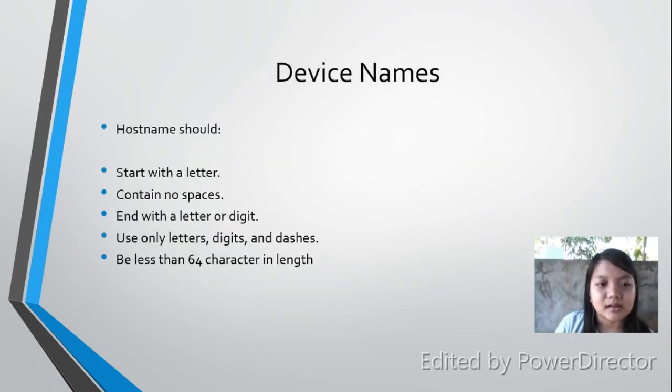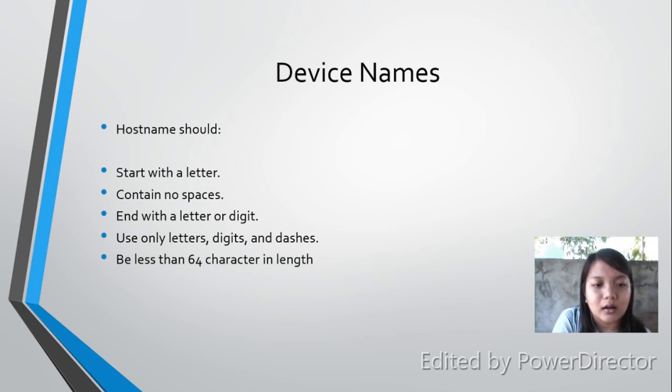The device name. The hostname should start with a letter. So it says here the letter should be first. Then contain no spaces. If you want to have spaces, you can use the underscore symbol, and end with a letter or a digit.